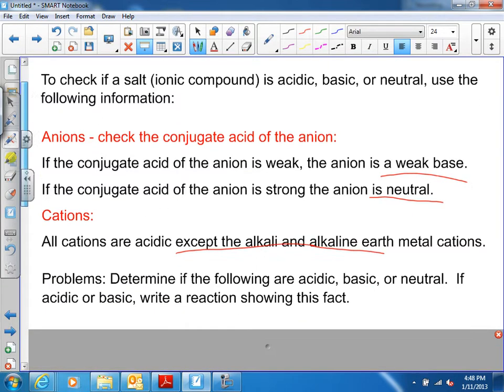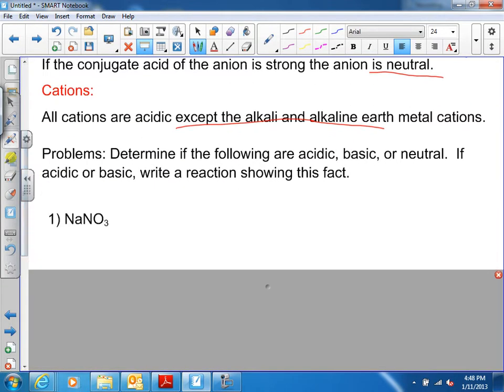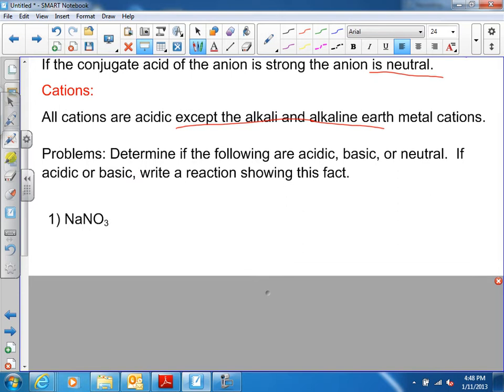So we're going to do some problems here. We want to find out, are the following acidic, basic, or neutral? And then if we find that something is acidic or basic, we're going to write a reaction showing that. So we have to separate out the ions. We're looking at Na+ and NO3 minus. So let's look at our rule. All cations are acidic except alkali and alkaline earth metals.